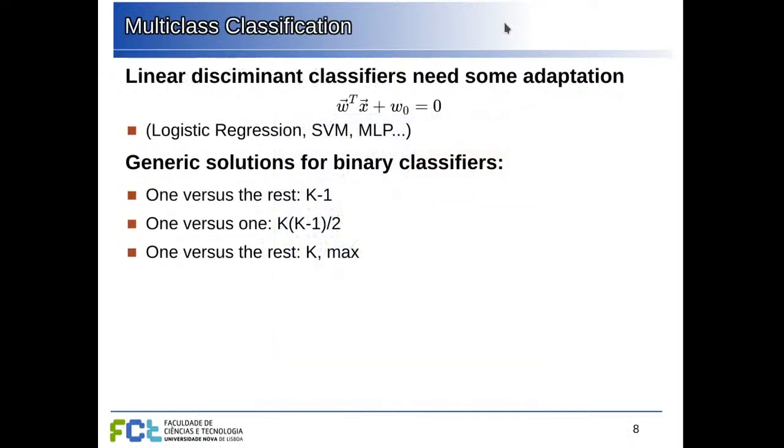With linear discriminant classifiers, this is a bit more complex, because if we take, for example, a support vector machine or a neural network or logistic regression in the way that we trained it, if we are trying to determine where to place a hyperplane that separates 2 parts of our space of features, we cannot do that for an arbitrary number of classes.